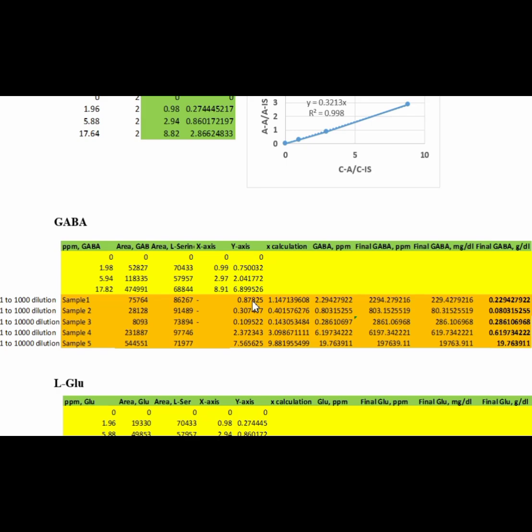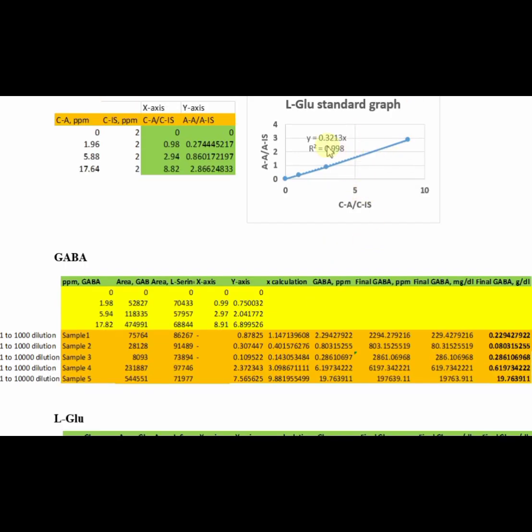So by dividing area of GABA by L-serine, we can obtain y-axis. And for x calculation, we have to divide this value, like 0.87825, the y-axis value, by the slope.